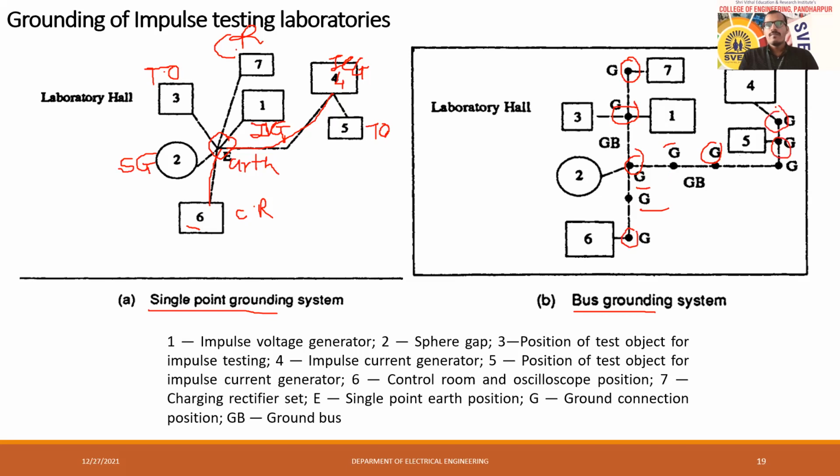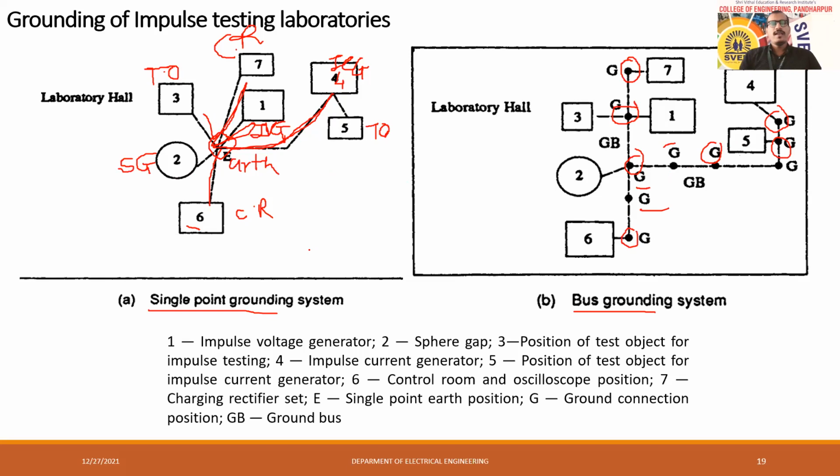Then there is separate grounding for 2, for 6, for 5 and 4. Now see, in the case of single point grounding, sometimes the current may go to this side also, if the potential there is lower. So in a single point grounding system, there may be a chance for the current to circulate in a loop.